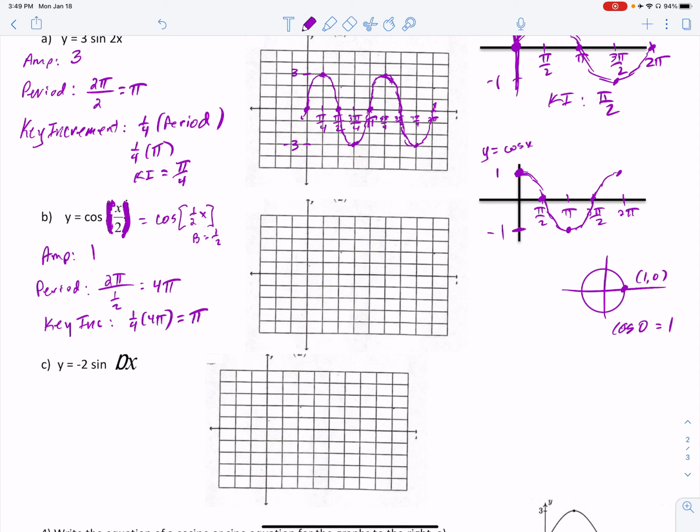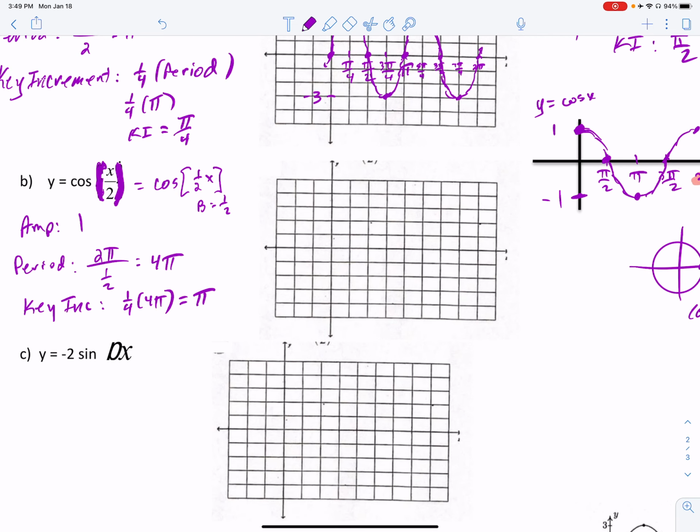And now we're not going to have an amplitude change here, but we will have a period change, and the period is 4 pi. So instead of getting one graph at 2 pi, we're going to be all the way at 4 pi before we get this picture. So we have a stretch of this graph.